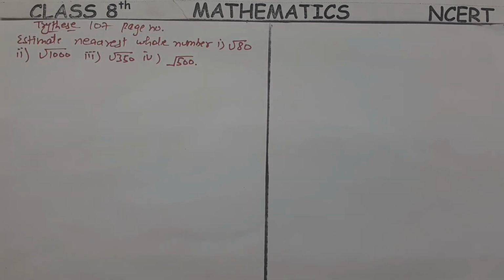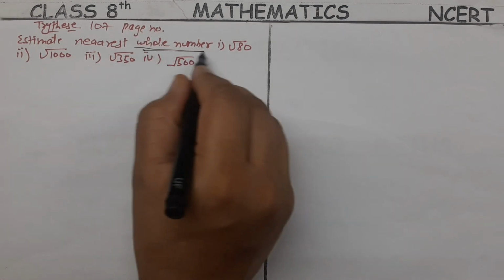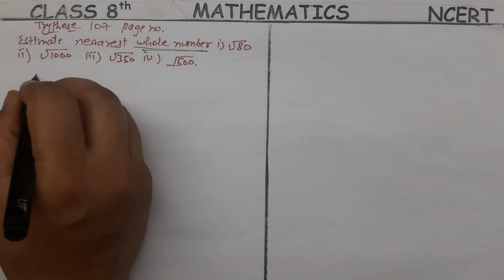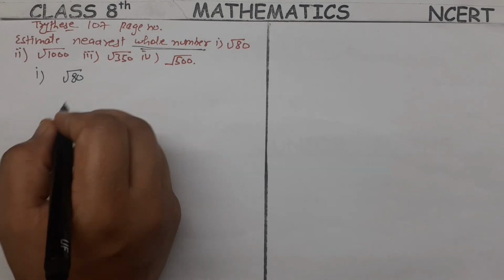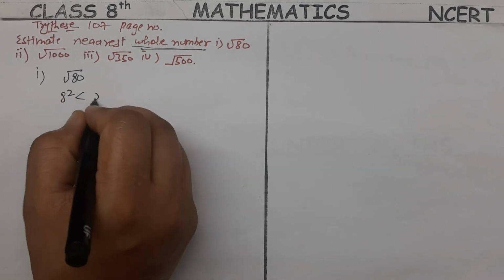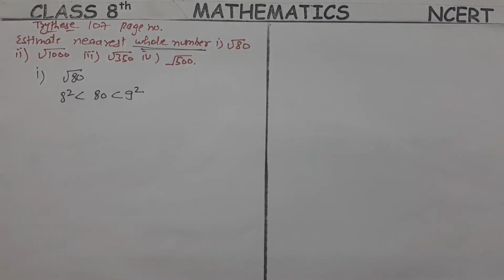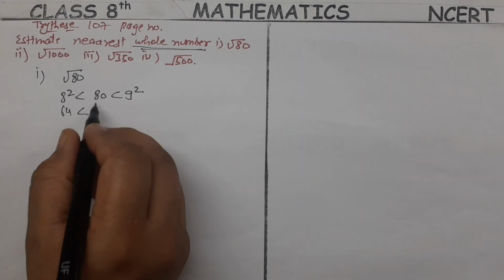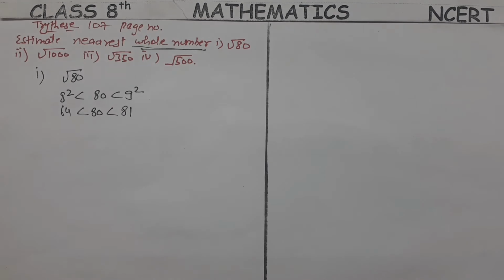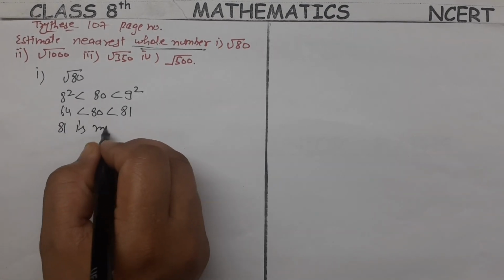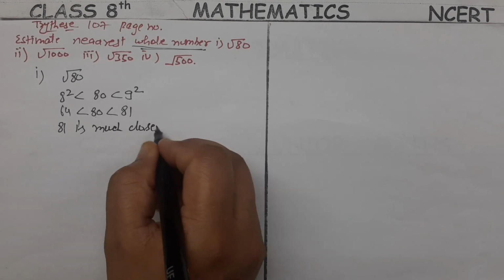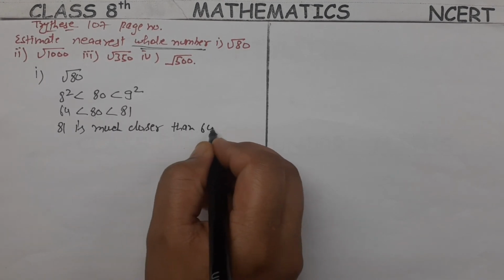Next, Try These of page number 107. Estimate the nearest whole number. Root 80. We know that 80 lies between 8 square and 9 square. 8 square is 64. 9 square is 81. Here 81 is much closer than 64.